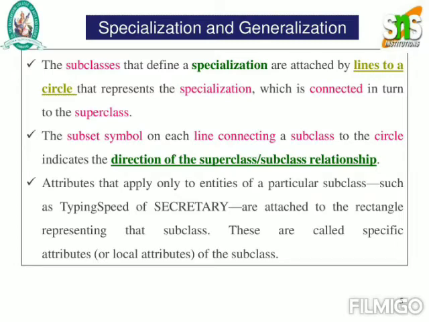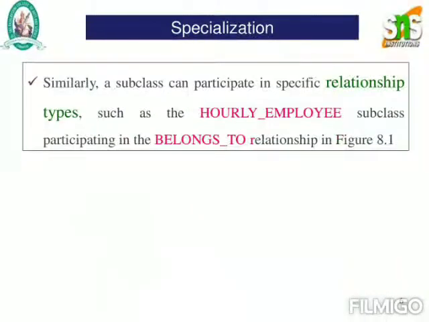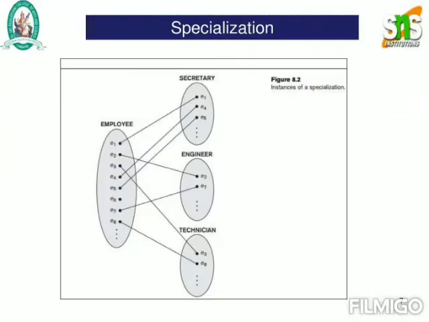Similarly, a subclass can participate in a specific relationship type, such as the hourly employee subclass participating in a relationship called belongs to. That has been shown in the figure. So here you have a table called employee, and there are three different categories of subclasses: secretary, engineer, and technician.